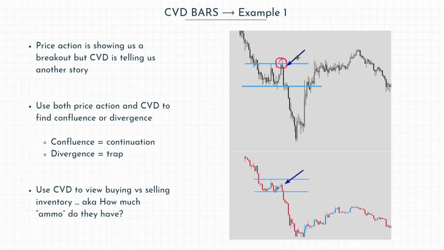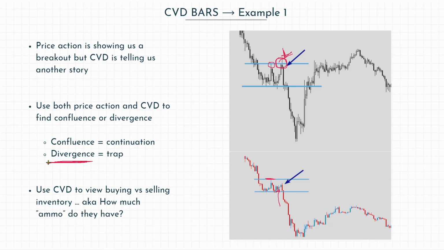How can you decipher whether or not this is a quality breakout in that moment? Well, if you look at CVD, CVD is not breaking out. This is a weak sauce attempt from buyers in CVD, but on the candlestick, which can be deceptive, it's looking like a breakout. So right away, divergence.